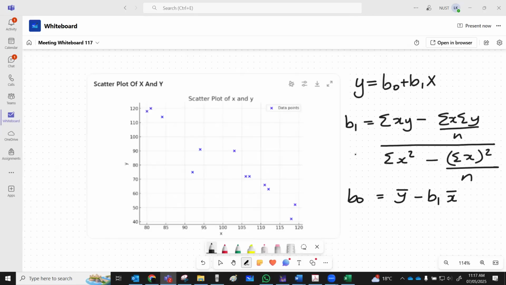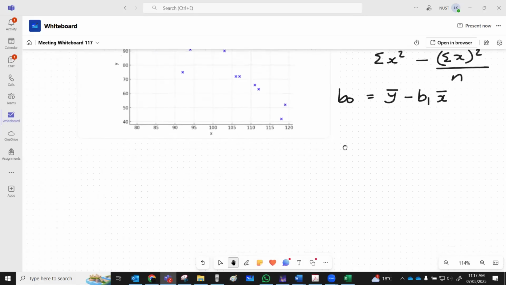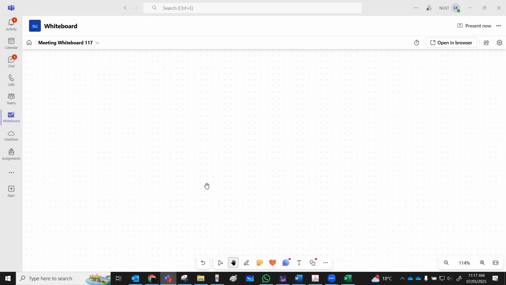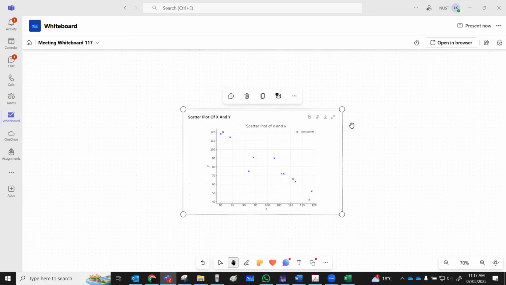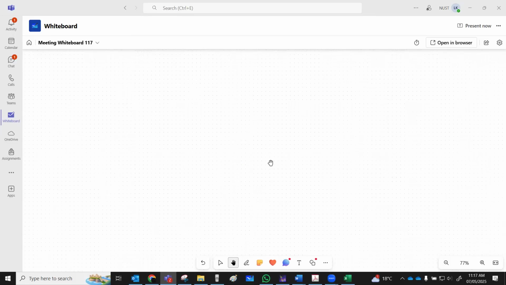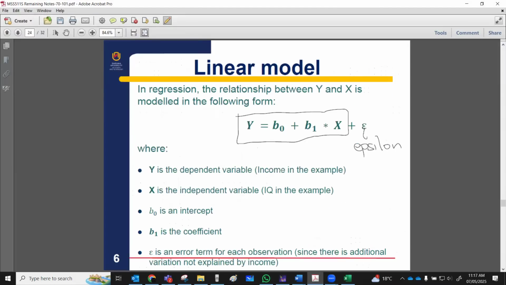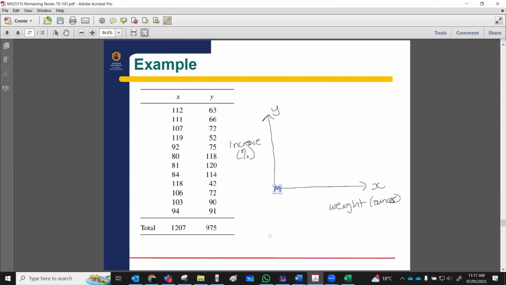Like I said, there are two ways of doing it. We have the long way and we have the short way, which we do on our calculators. So I'm going to show you both of them. Let's put our data back. I want to copy this table again.